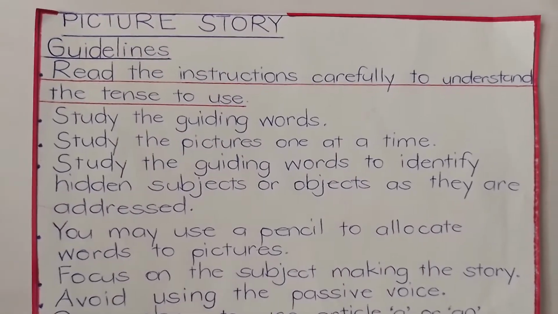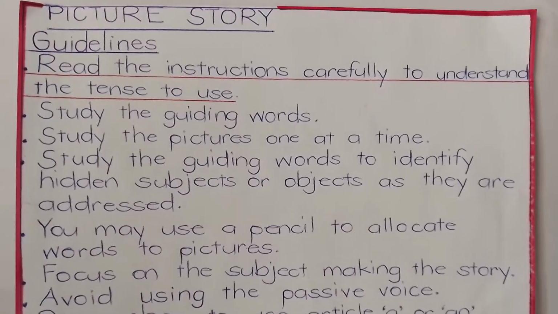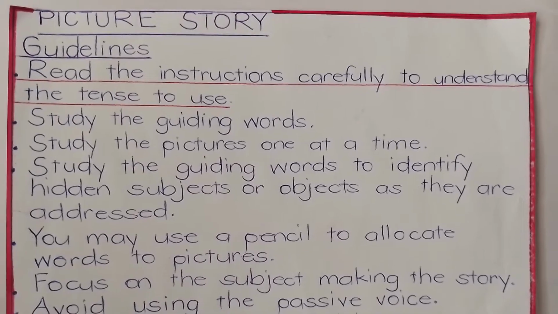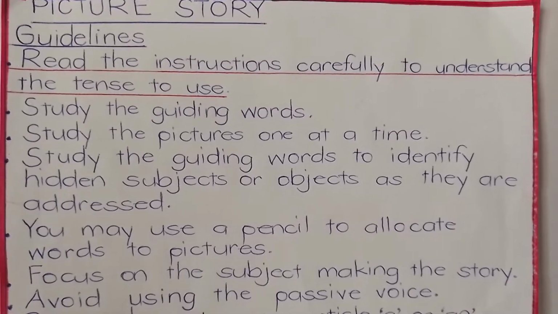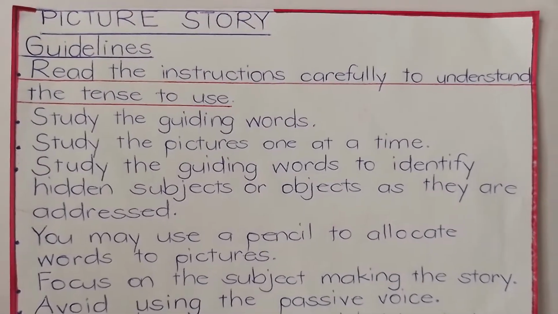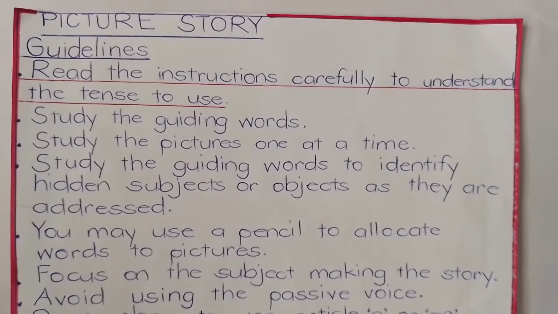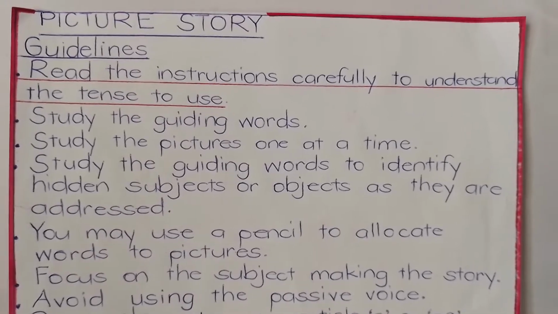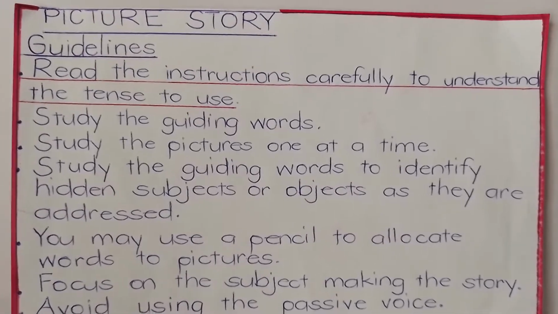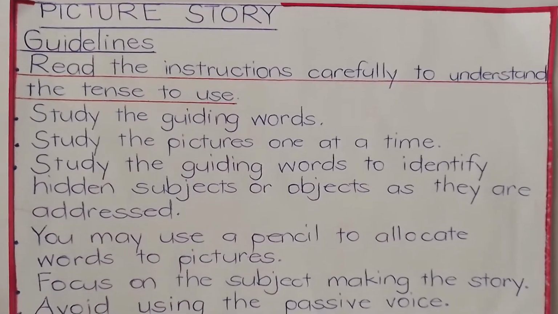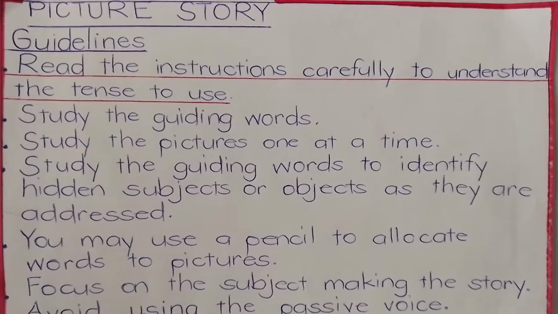But in most cases, we use two tenses. We use the present continuous and then the present perfect tense. The continuous form is used for long actions, and then the perfect tense is used for short actions. If we talk about the continuous tense, that's where we use is and are as the helping verbs. Then the main verb used in that particular sentence ends with ing.